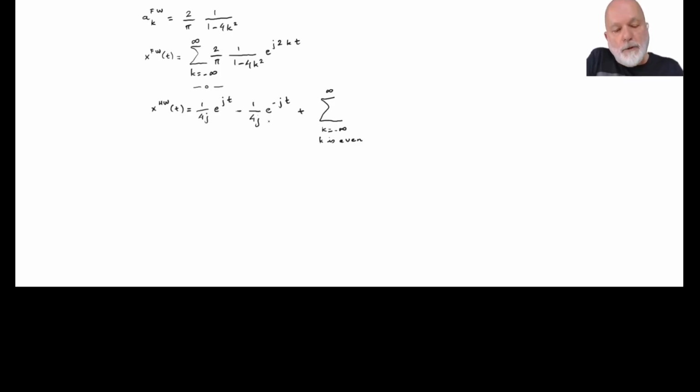So for k running over even values of the indices, the coefficients are 1 over pi, 1 over 1 minus k squared, e to j kt.